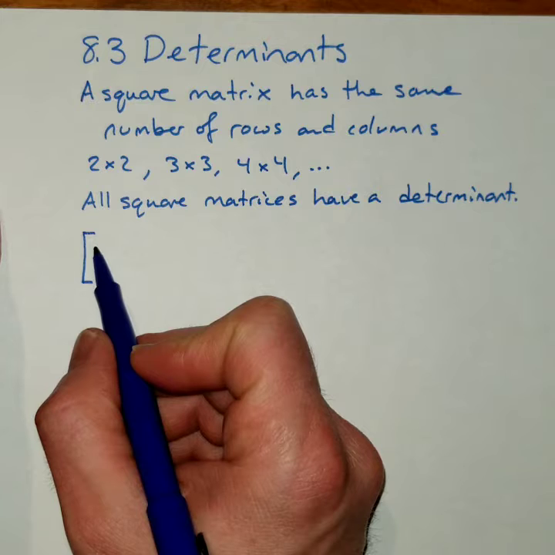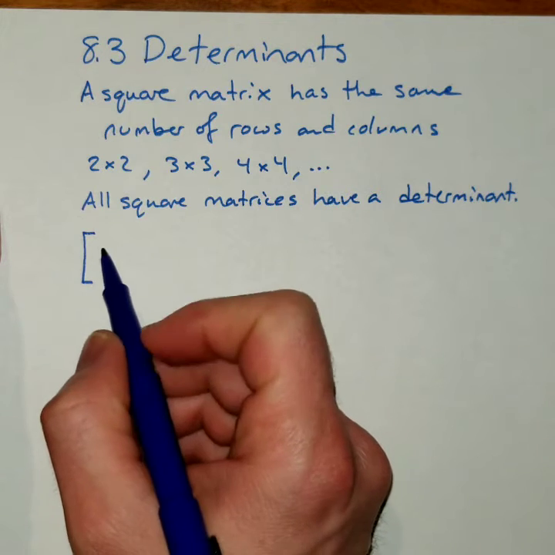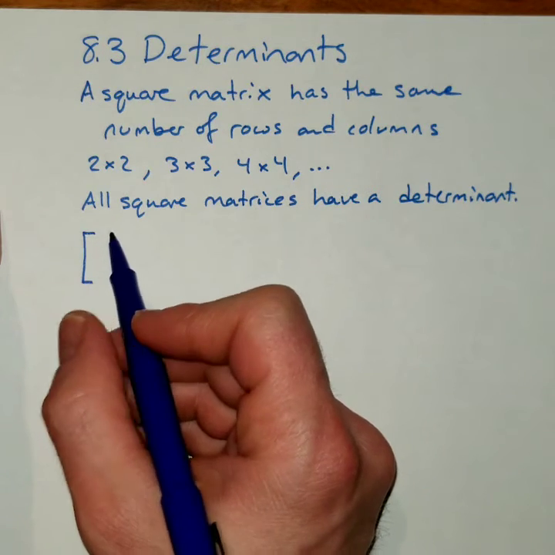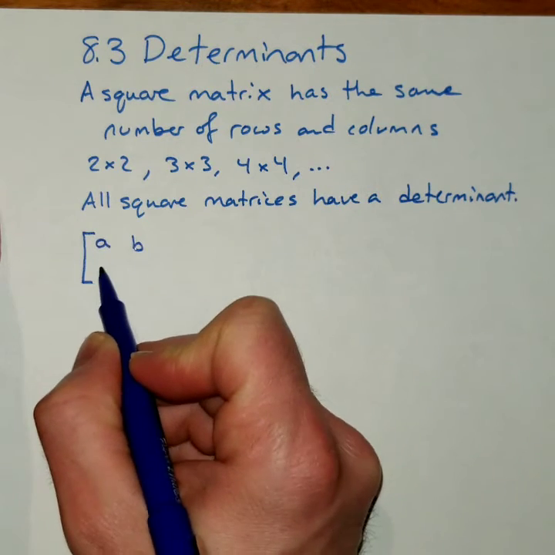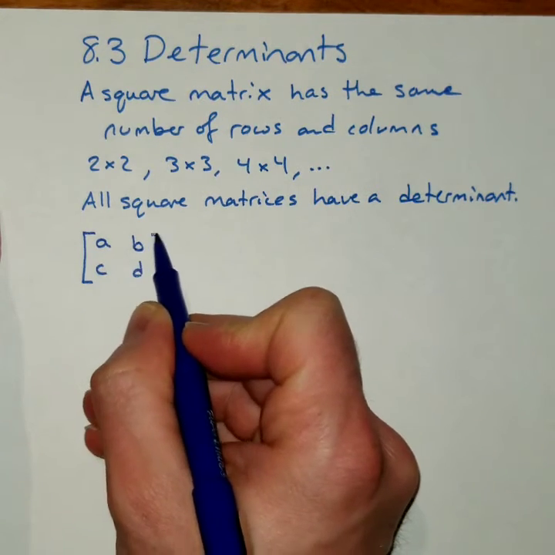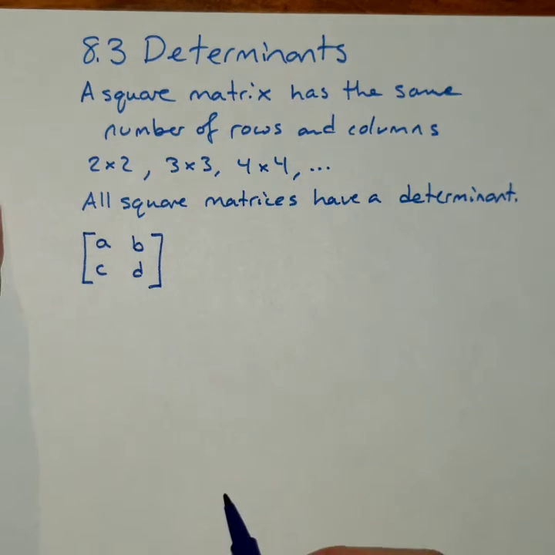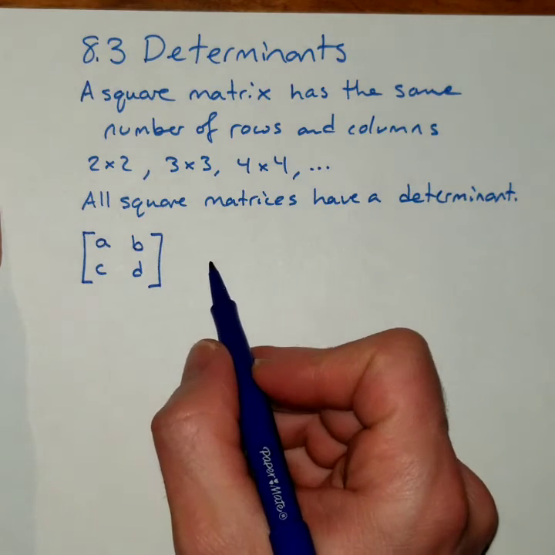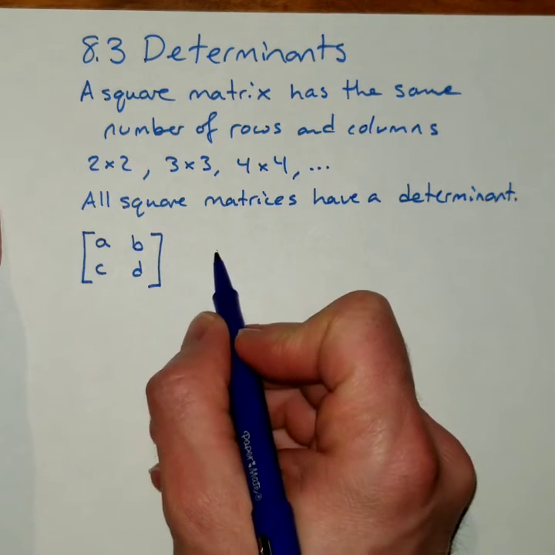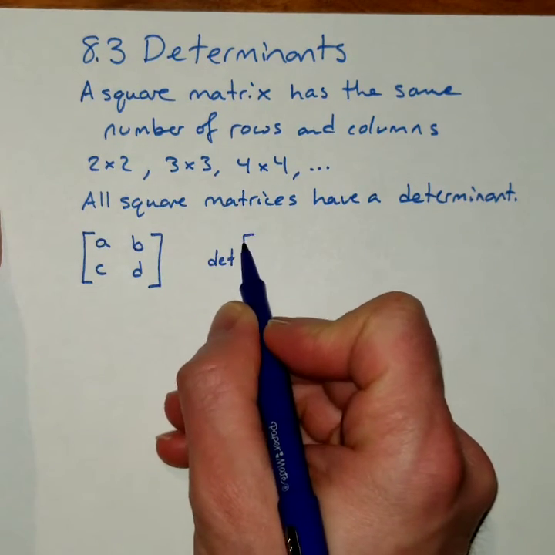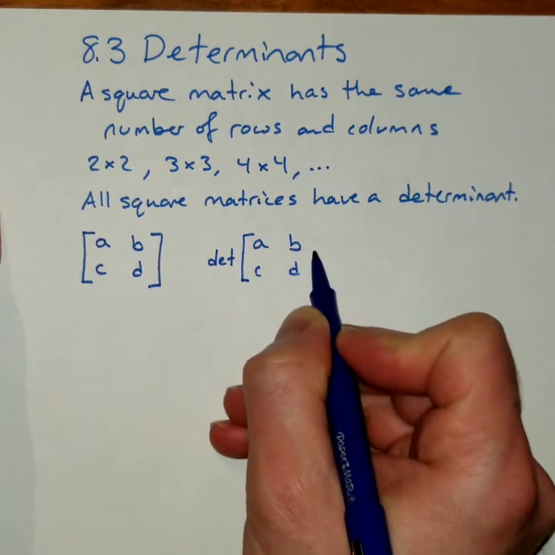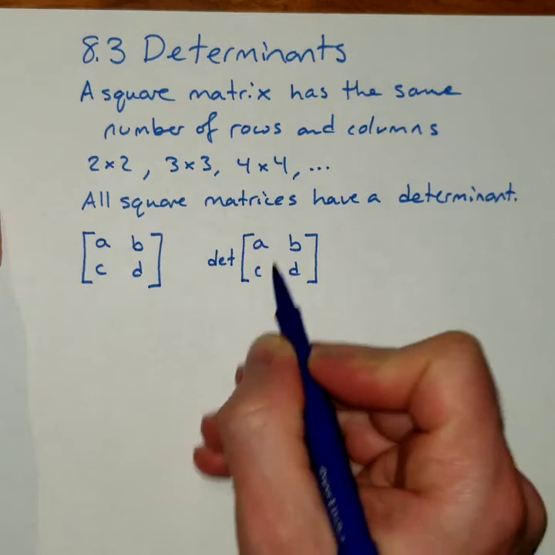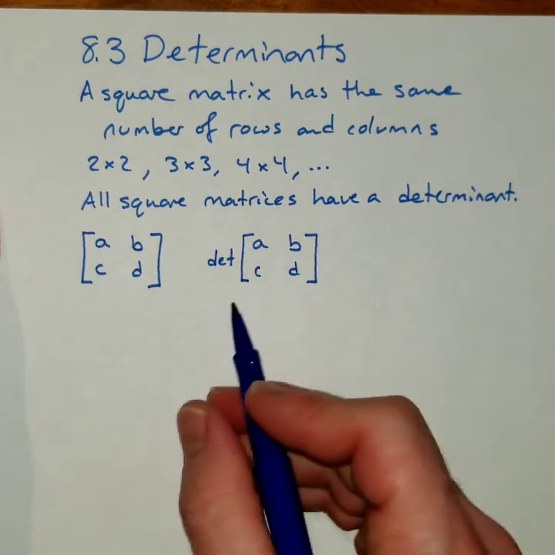Anyway, you get a 2 by 2 matrix here. A general 2 by 2 matrix, we'll call it A, B, C, and D. The notation for a determinant can either be written as DET in front of that matrix, A, B, C, D. Now the A, B, C, D are just numbers. I'm using letters because it could be anything.